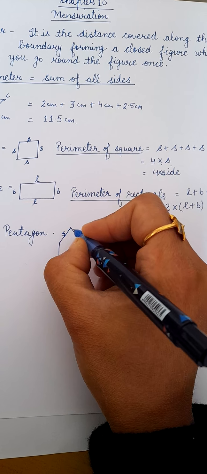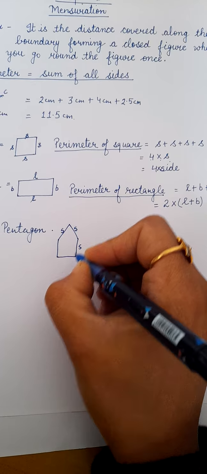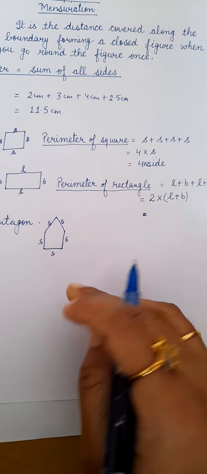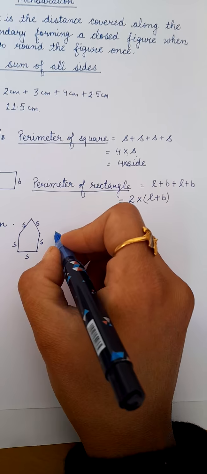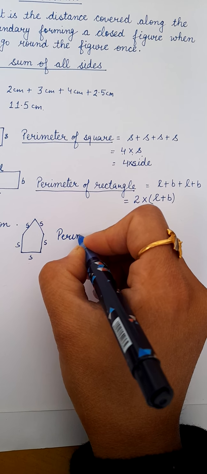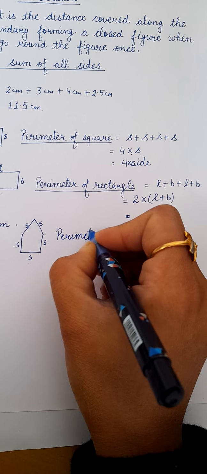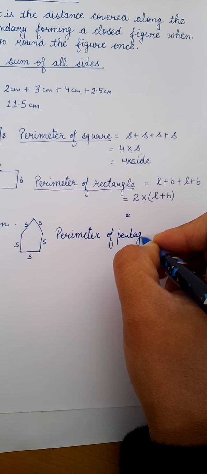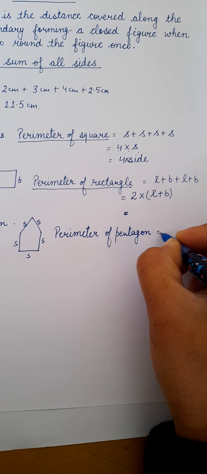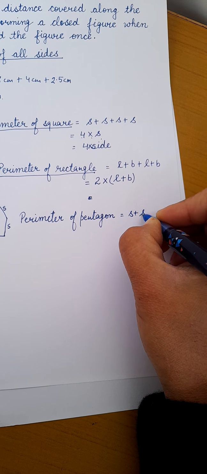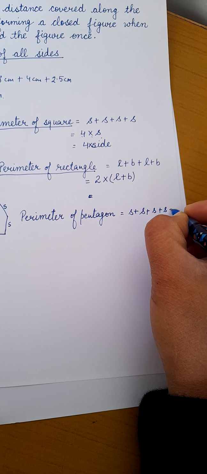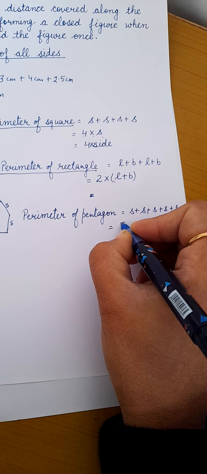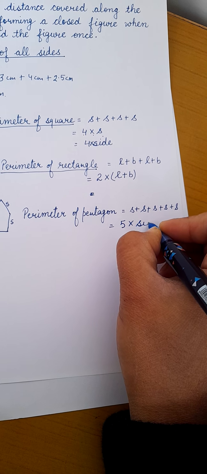If all the 5 sides are equal, then what will be the perimeter of the pentagon? You will add all 5 sides: s plus s plus s plus s plus s. That means 5 multiplied by side.